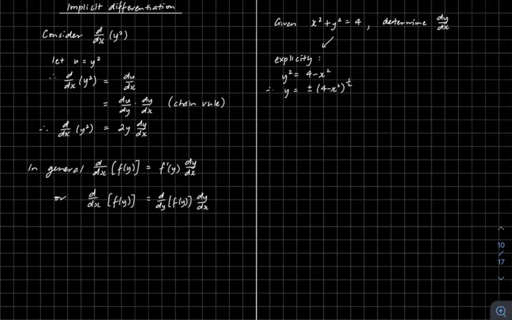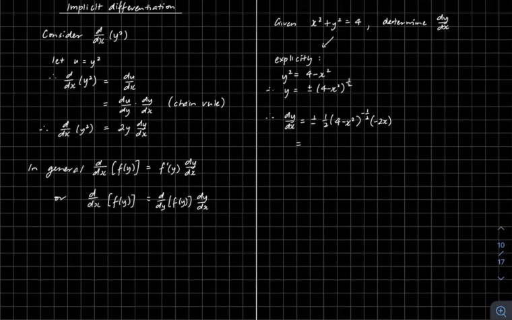Now that has been turned into an explicit expression in y. So y appears by itself on one side of the equation, and the other side of the equation doesn't contain any expressions involving y. It's purely in terms of x. And so then I can say, okay, dy dx, well, the derivative of this with the chain rule would be plus or minus a half times 4 take x squared to the negative a half, and then times the derivative of 4 take x squared, which would be negative 2x.